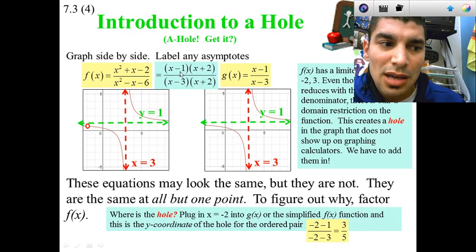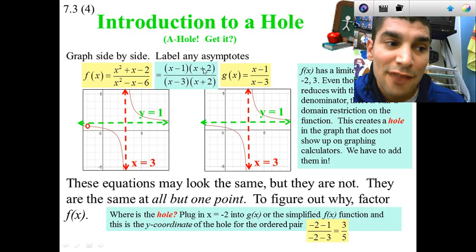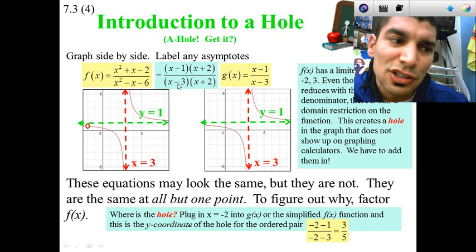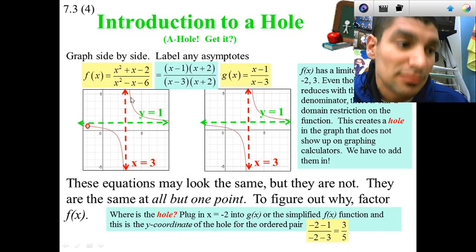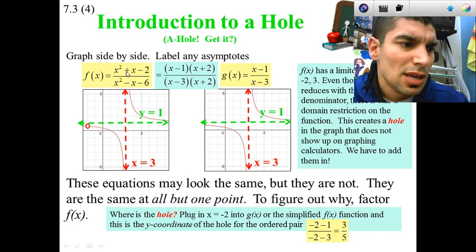Yes. Is there going to be a vertical asymptote at x equals -2? No. Is the degree the same and the degree the same, and am I going to have a horizontal asymptote at y equals 1? Yes. I'm hoping all that's making sense to you, because that's basically what we're going to be asking you to do, is find any holes or find any vertical asymptotes, and you need to know the difference.